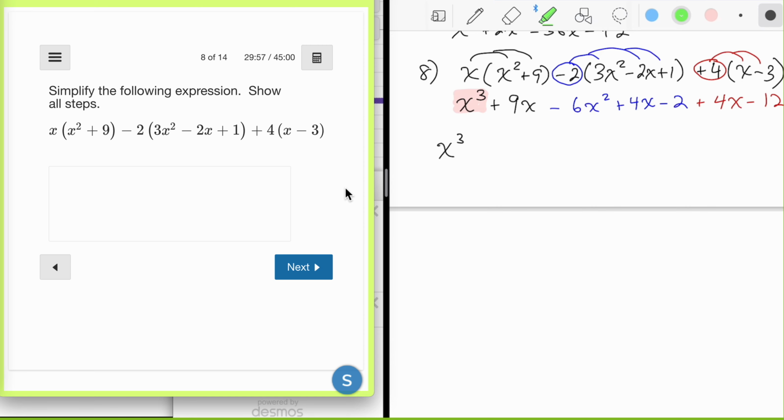All right, so I have power of 3 accounted for. I now need power of 2. All right, so power of 2, I have one right here. I don't see one anywhere else. So my power of 2 is accounted for, minus 6x squared. Power of 1, that would be anything with an x, just an x.